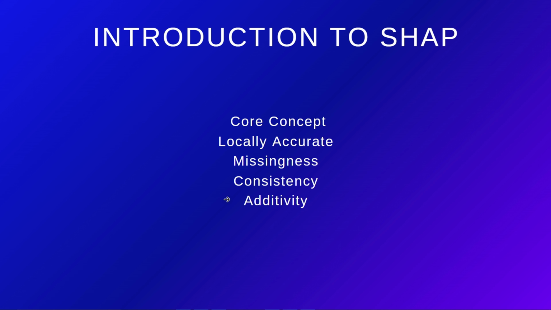Here, SHAP ensures that the contributions from all features add up to the difference between the predicted value and the base value. And the base value is typically the average prediction across the dataset. So this property ties everything back to a meaningful reference point. In summary, SHAP is grounded in strong theoretical principles and ensures that feature attributions are accurate, fair, and interpretable.